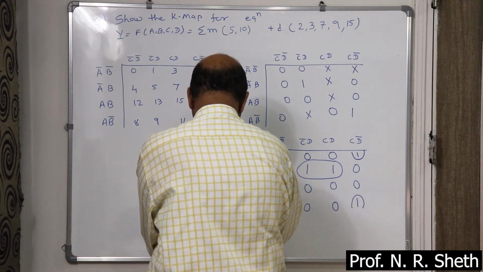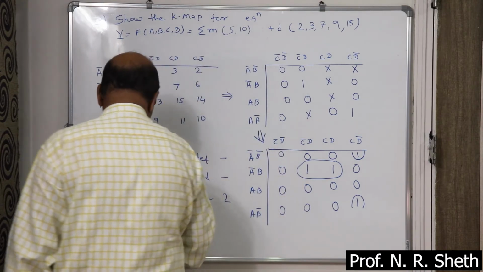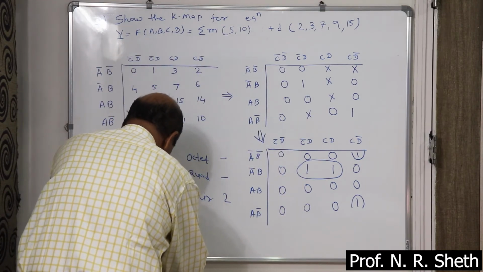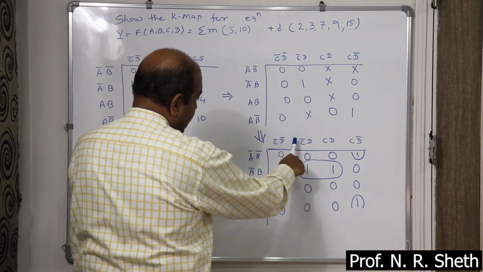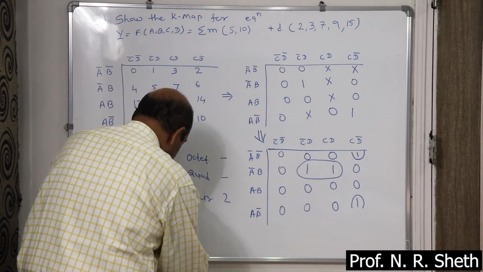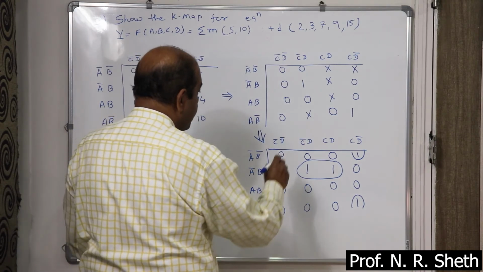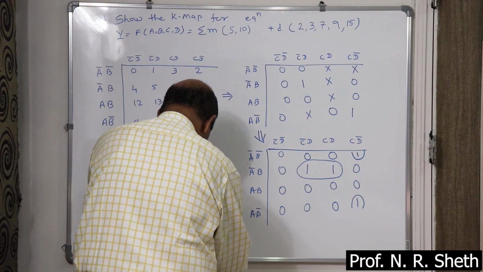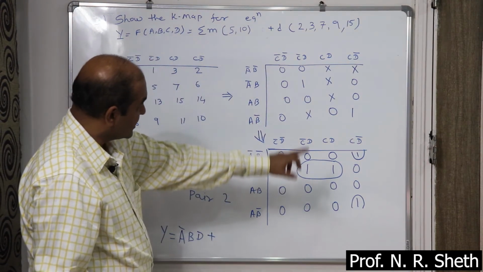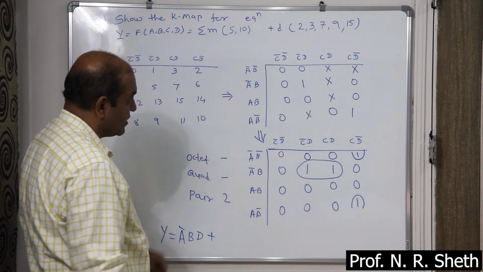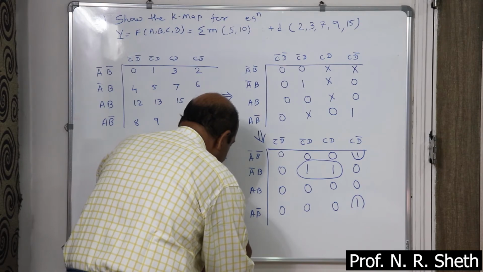0, 0, 2. So your Y equals to, for this pair, C bar cancels. So A bar B D plus, for this pair, A bar cancels, B bar C D bar.